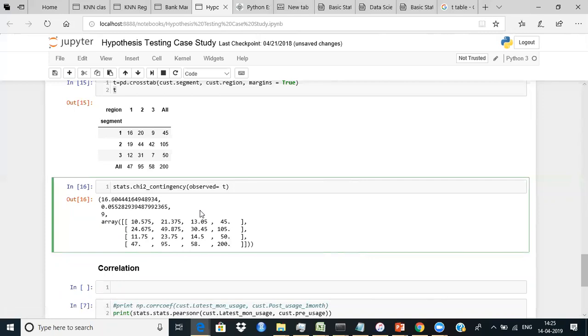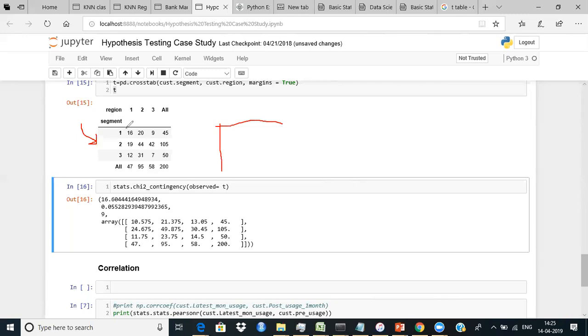Before we understand these four things, let me give you a brief understanding of how this chi-square works. What chi-square will do is look at the current crosstab. The current crosstab is known as the observed distribution. This is what we observe, that's why I have passed it as observed. Then it will create a distribution on its own, thinking of a scenario where these two were independent.